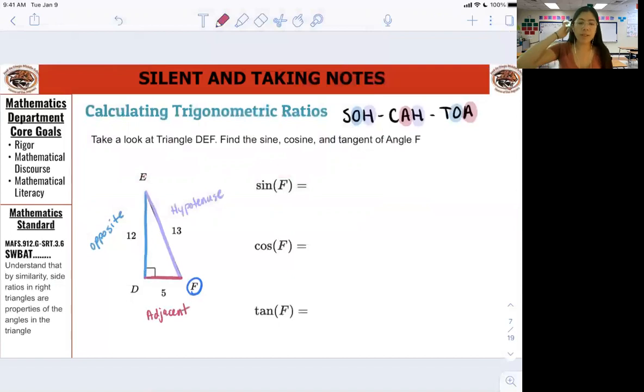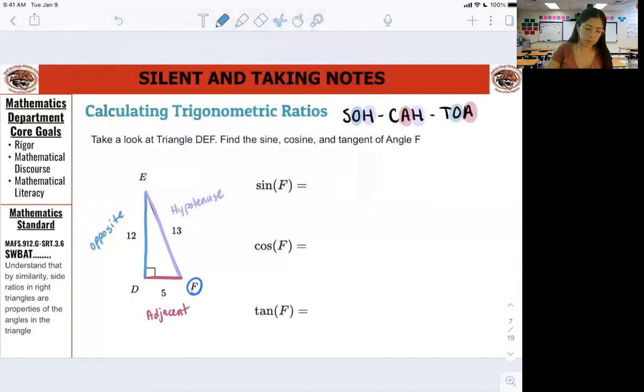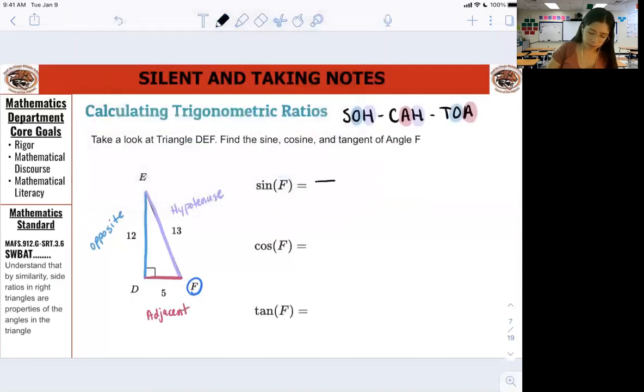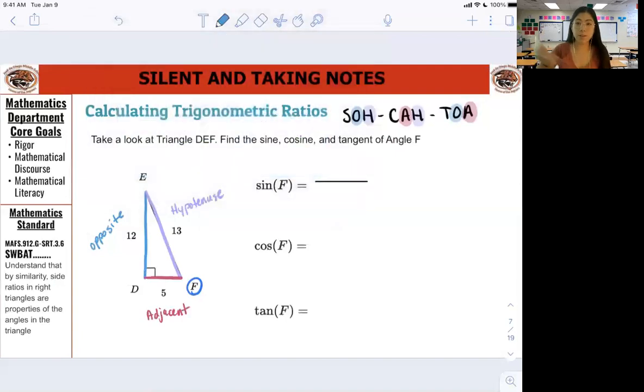Okay, sine. What is the ratio for sine? It's which side over which side? So what's in the numerator? Good. Opposite over hypotenuse. And that's why SOHCAHTOA is so easy and helpful to remember.